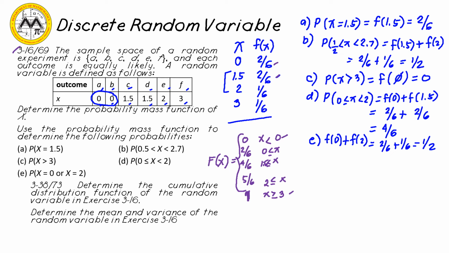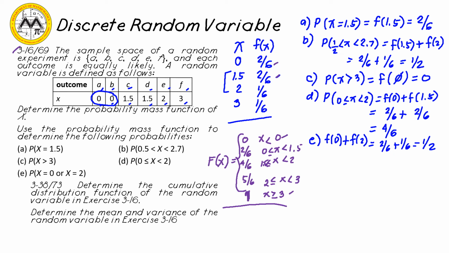And 5 over 6 plus 1 over 6 is 6 over 6 when x is greater than or equal to 3. So this is less than 1.5, less than 2, less than 3. So this is our cumulative distribution function of the random variable.